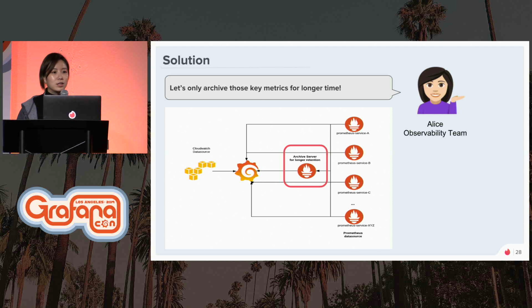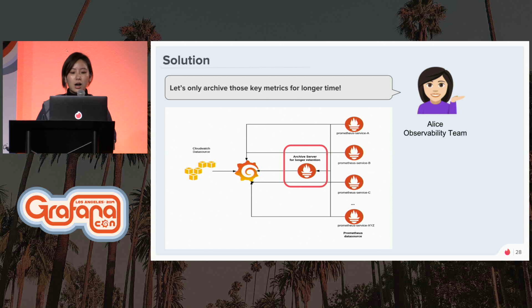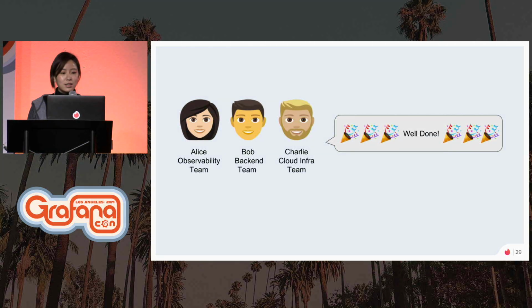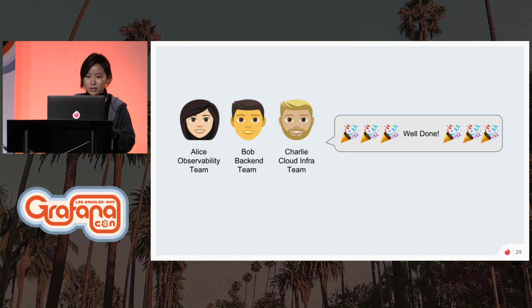Also, we have the data source auto-discovery service running inside this archive server, so that whenever a new service comes up or an old service gets removed, the data source and target endpoints will always get updated from both the archive server side and the Grafana side. Then that's it. Everyone is really satisfied with this solution.